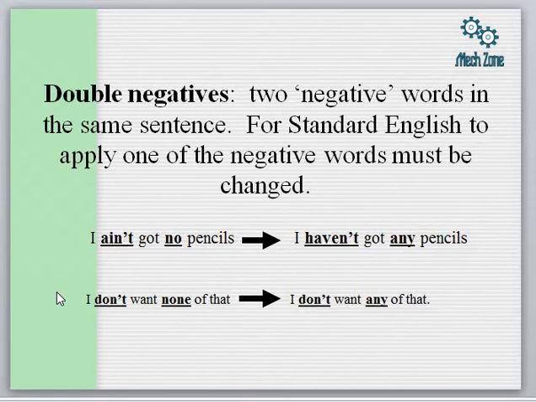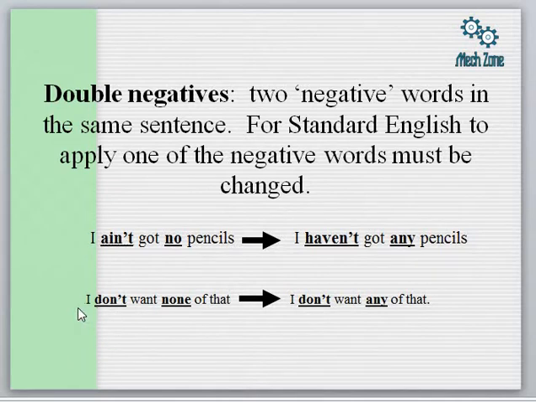The next sentence, if we look at, this is the example. However, we shall be doing an exercise on this also. I don't want none of that. So don't and none both are negative words, and two negative words have been used in the same sentence.